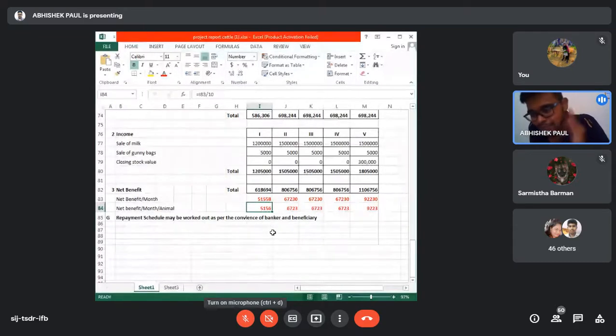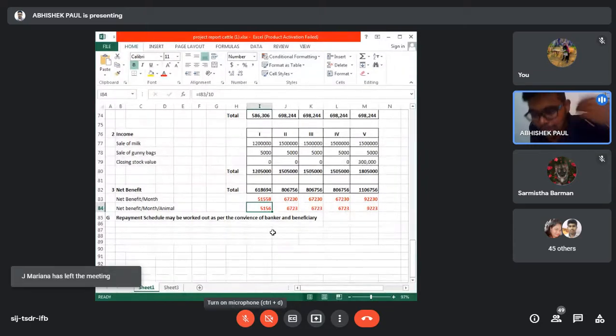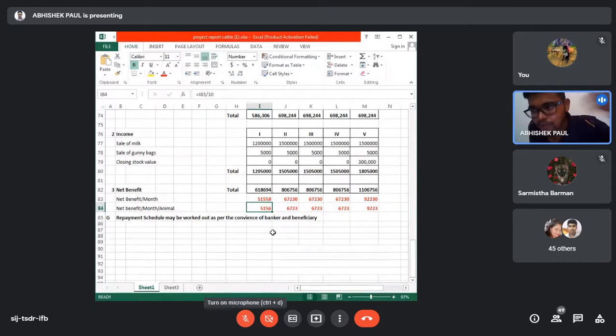Based on this project, the bank will think that the farmer will be able to make some money, so it is secure to give him the loan. So the bank sanctions the loan based on the project only. Otherwise the bank will not sanction the loan.